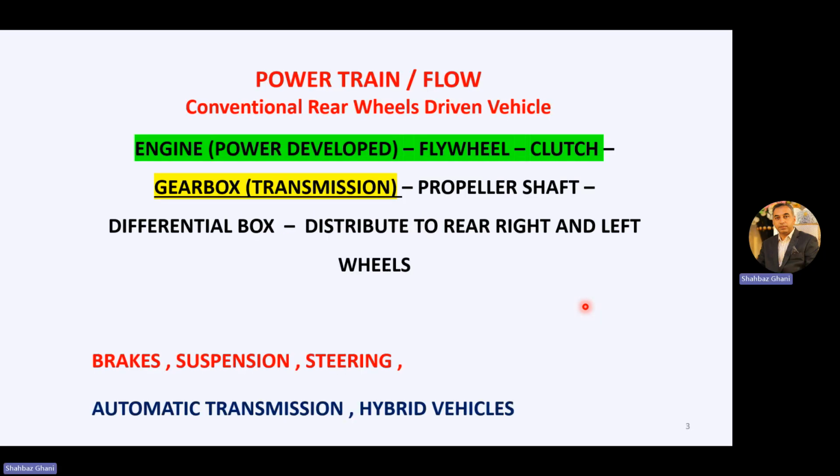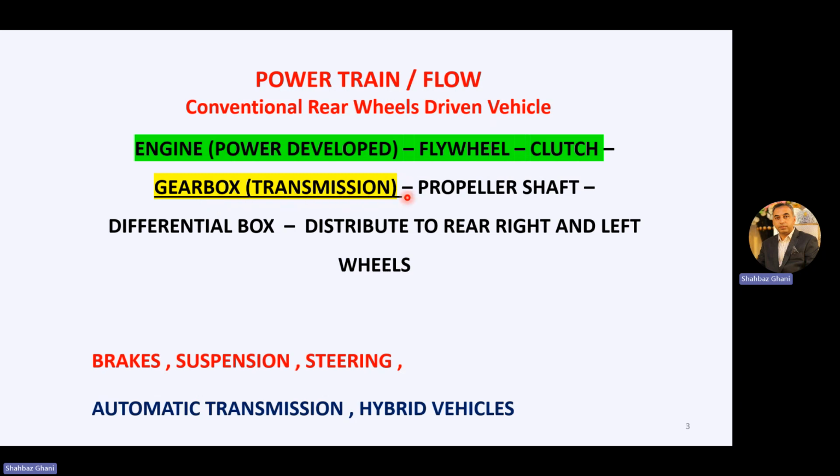Now, the basic slide which I showed in the last lecture also, the powertrain or power flow of a conventional rear wheel driven vehicle. Engine, from where the power is developed, is then transmitted to the flywheel. From flywheel, it goes to the clutch. And from clutch, it goes to the gearbox or the transmission.